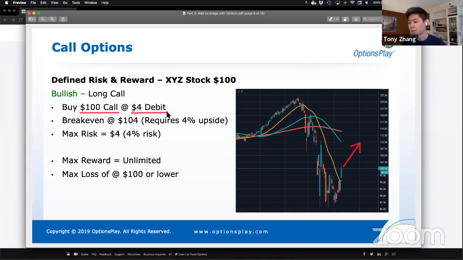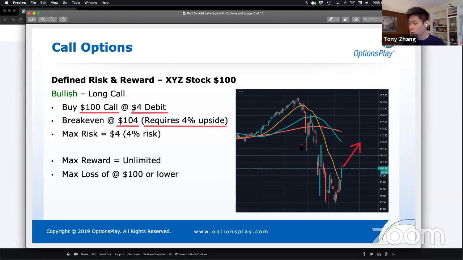That means my break even on this trade is $104, meaning the stock needs to move by the amount that I paid for that call option just to be profitable. So not only do I have to be bullish on this stock, it requires a 4% upside just for me to break even.